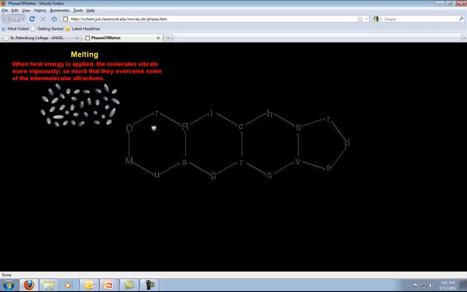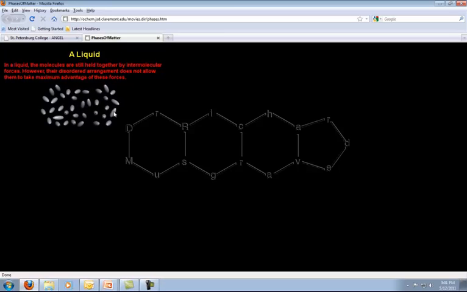Of course, when it melts, it will go everywhere and lose its structure completely, and it becomes what amounts to a liquid. Now, this representation of a liquid is not entirely accurate. I would say it's more accurate to say that these liquid molecules are all still touching each other, but the movement would be all around.